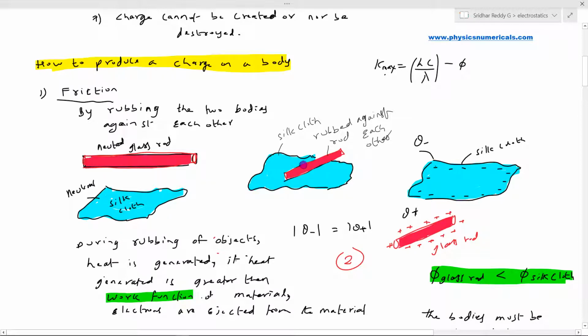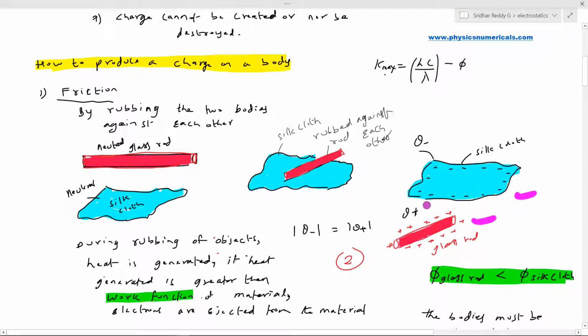Then what I notice is the silk cloth will acquire a negative charge and the glass rod will acquire a positive charge. Magnitudes will be the same. How much negative charge was present on the silk cloth, the same amount of charge is present on the glass rod also.